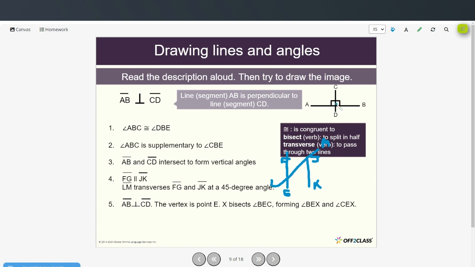And if we labeled this X, the vertex would be X. X bisects these two. So you would have, this is point E here, so BEX and CEX. That would be how you would show that situation.